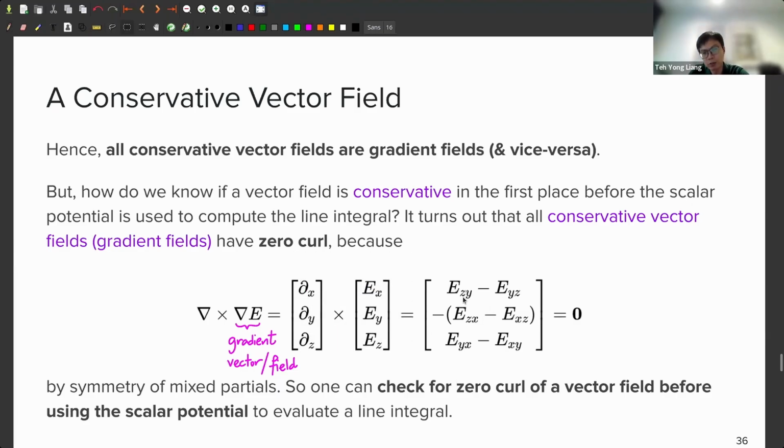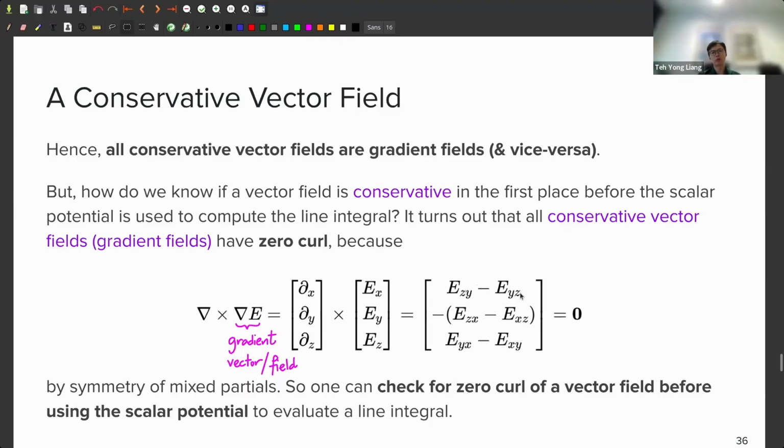The first row is E sub zy minus E sub yz, the second row is E sub zx minus E sub xz, and then E sub yx minus E sub xy. You notice they are mixed partials and they are the same, because differentiating with respect to z then y gives the same result as differentiating with respect to y first and then z.